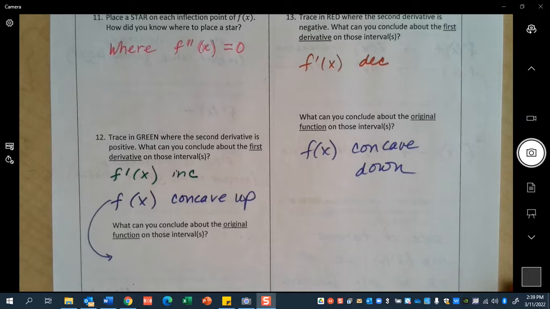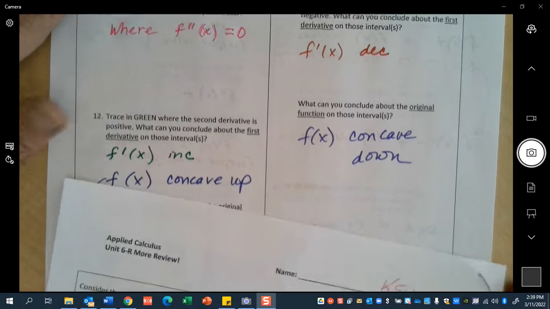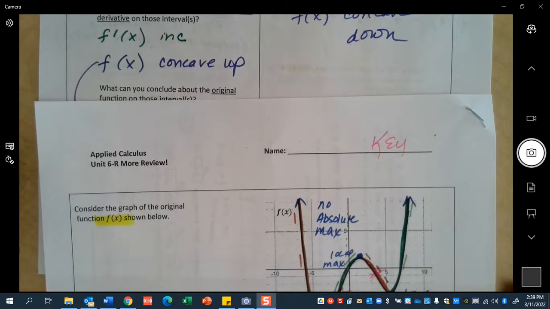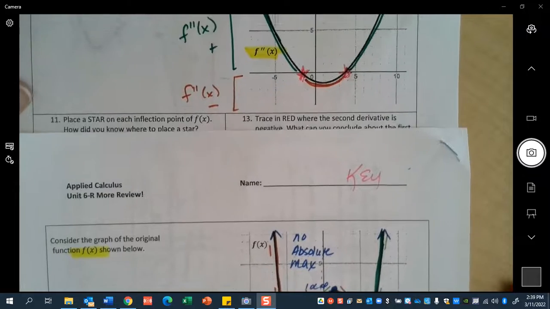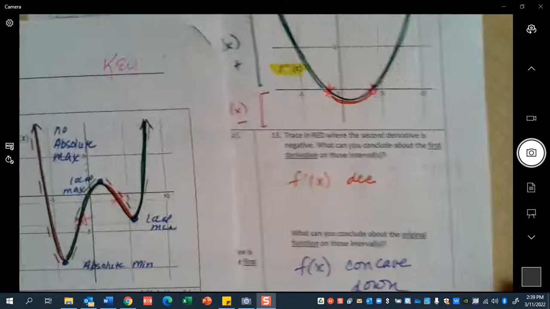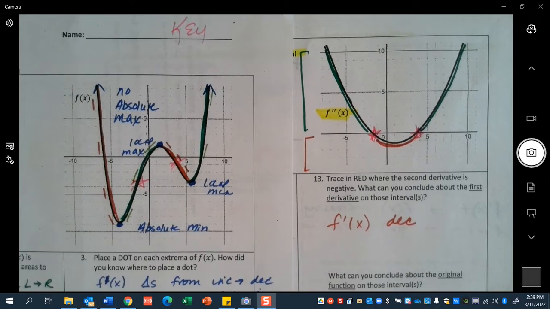And what's interesting is you can go back to that original graph and you can look at these two together. Trying to get them both on the screen at the same time. You can look at both of these at the same time and you can say where my second derivative is positive, that is where my first derivative is increasing, and that is where I'm concave up.